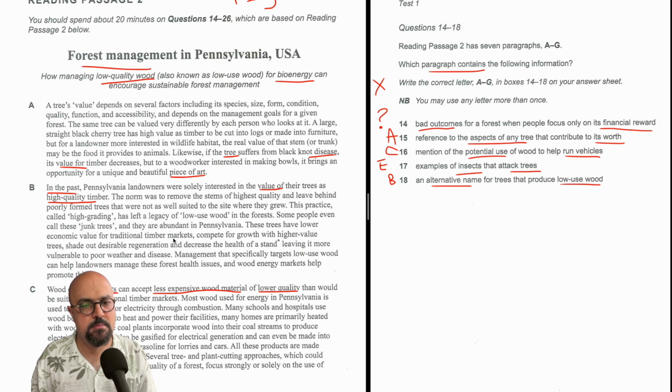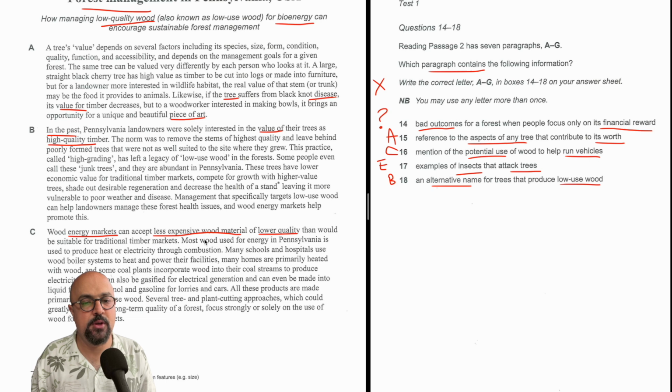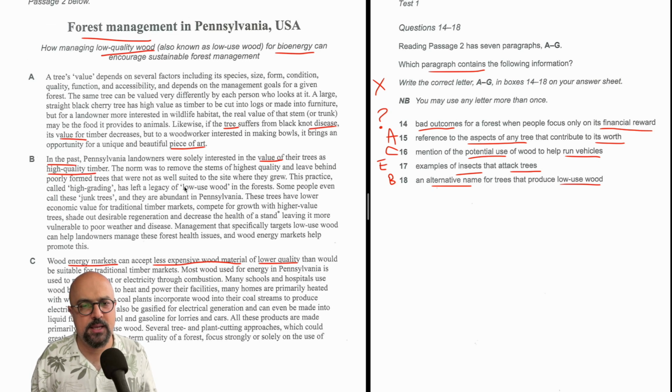So I would write A or B, because it's not worth reading all the lines of all the paragraphs. So in this case, I would write either A or B. But let's see.